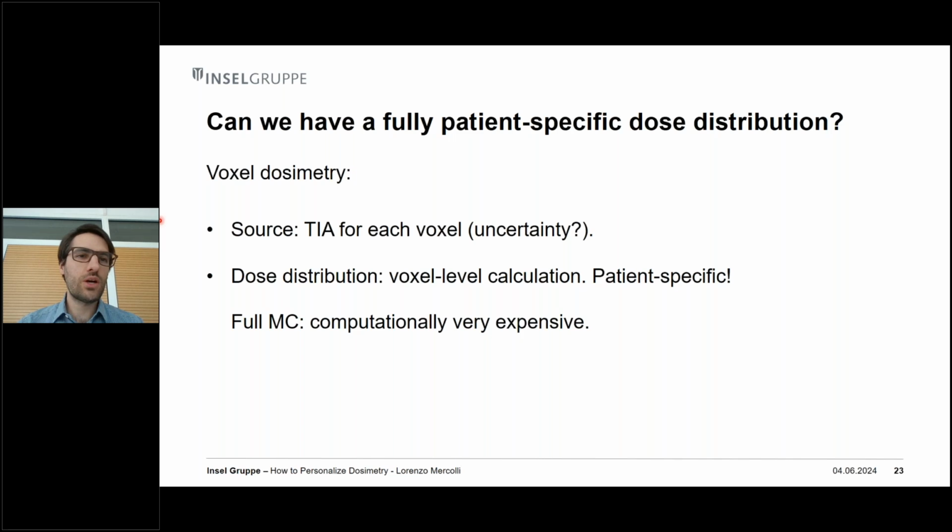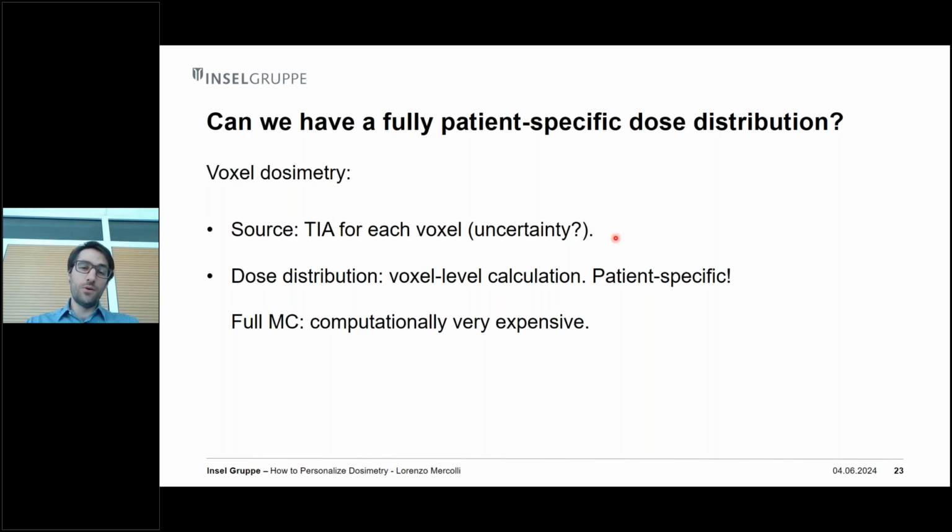We can try to do what's called voxel dosimetry. In voxel dosimetry, we consider each voxel in an image as a source and a target. So for the source, we need to find a time-integrated activity for each voxel in the image that we took of our patient.